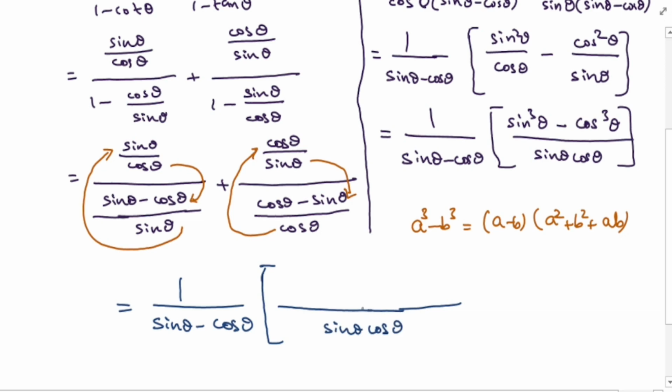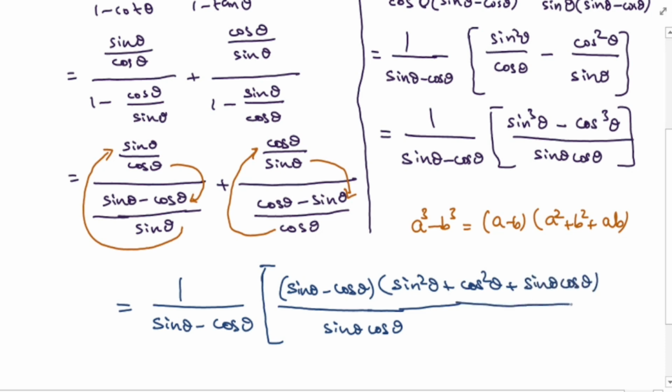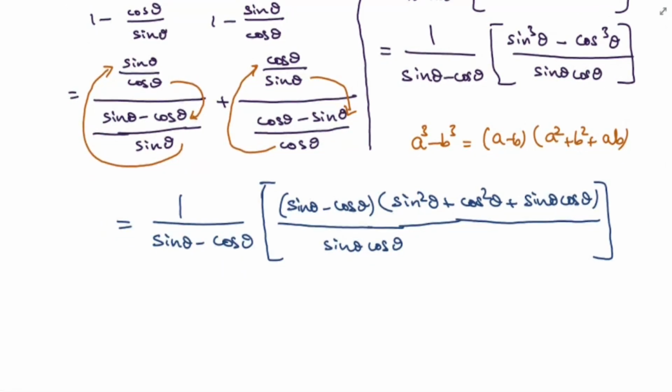Apply the identity a minus b, sin theta minus cos theta into bracket a square sin square theta plus b square cos square theta plus a into b sin theta into cos theta. So here this sin theta minus cos theta cancels with sin theta minus cos theta. Sin square theta plus cos square theta will become 1.